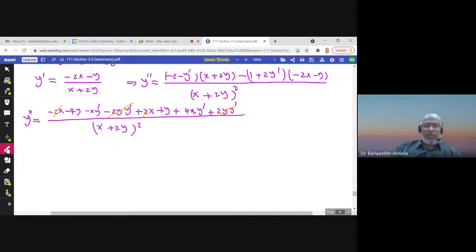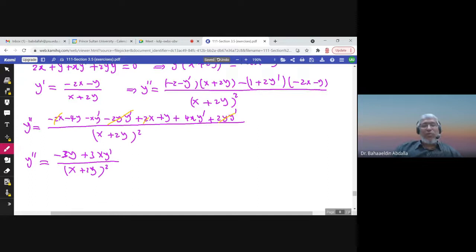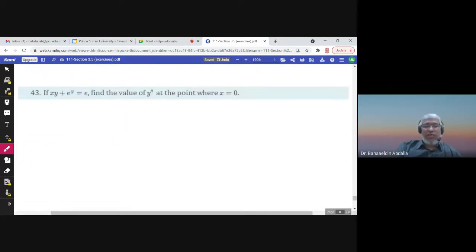So I will have negative 4y plus y is negative 3y, and negative xy prime plus 4xy prime is plus 3xy prime, over (x plus 2y) squared. I can leave it like this, or if you want, you can replace y prime by this and simplify more, but it's okay in my opinion to leave it like this.